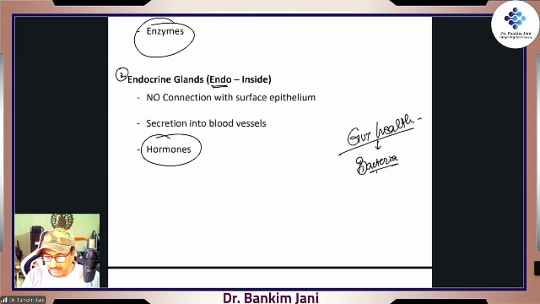There is a team of good bacteria, and they produce so many things, but one of the things is called serotonin, the happy hormone. Now, this serotonin is manufactured in the gut, but via vagus, its effect will be on the entire body. Its effect is onto the brain. So that's a very important part.